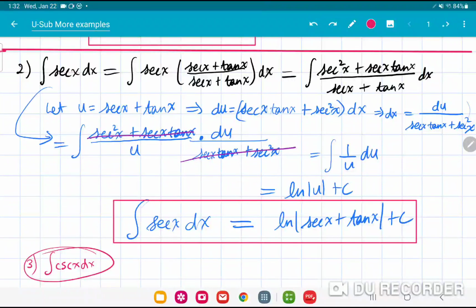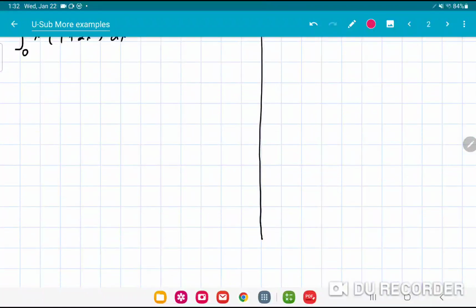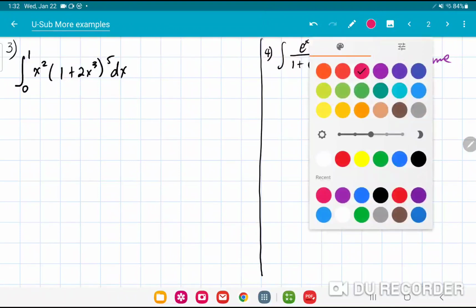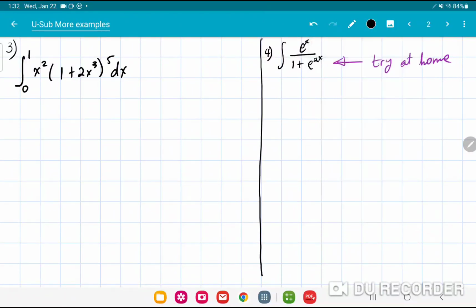The next example I want to consider is the integral of x squared times 1 plus 2x cubed to the power of 5 dx. I will let u equal 1 plus 2x cubed. You can see that that's the inside expression, nicely put, and its derivative is not exactly x squared, but it is 6 times x squared, so it works really well.